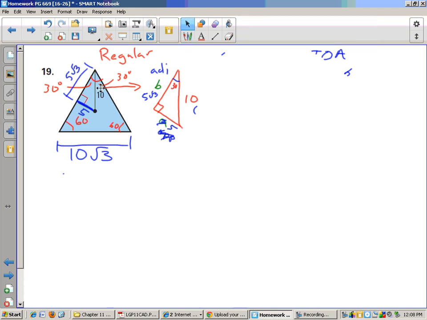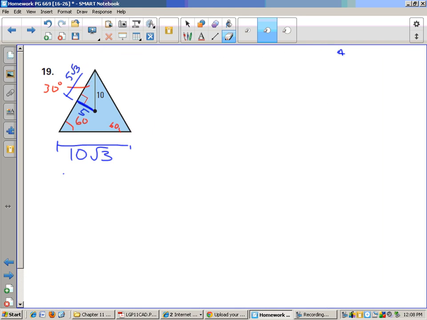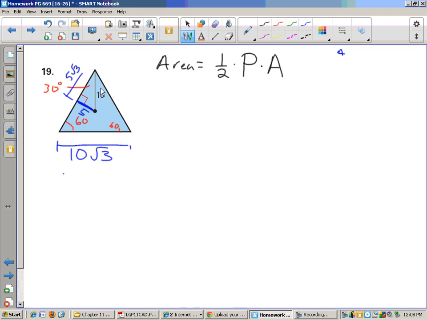So now we can get back to our area formula. I'm going to erase a lot of this now. Let's get back to our area formula: 1/2 perimeter times apothem. So that's 1/2 of 10 root 3, but there's 3 of those sides, times the apothem, which is 5.